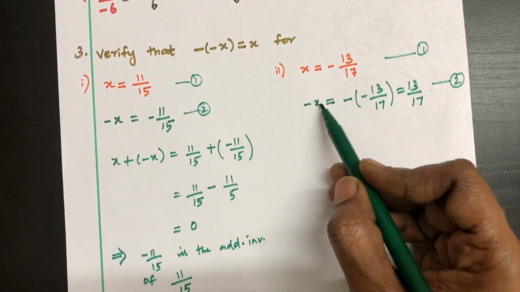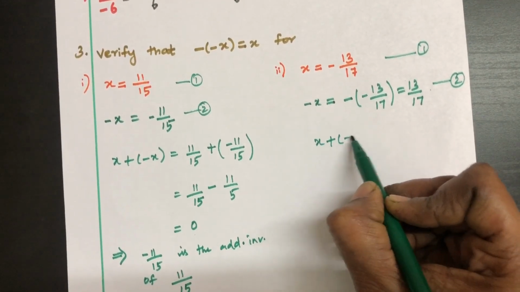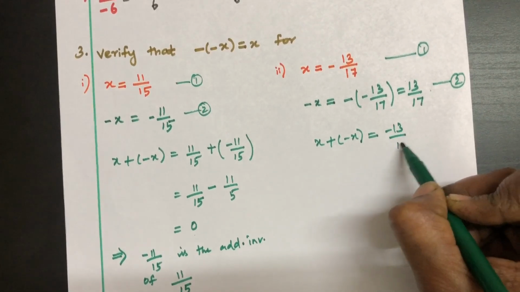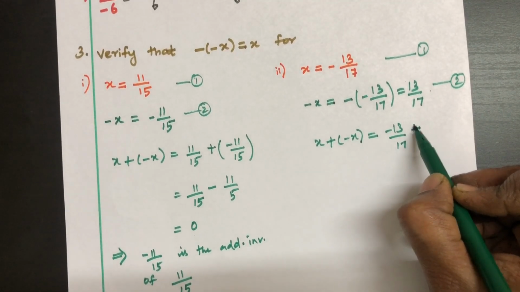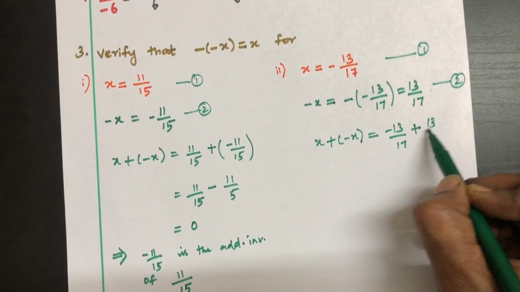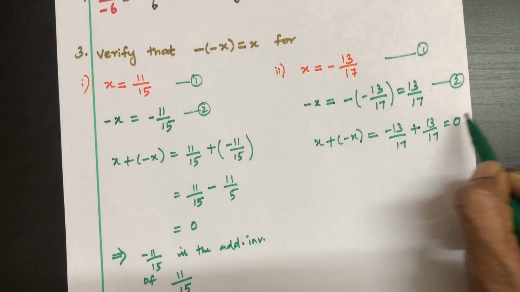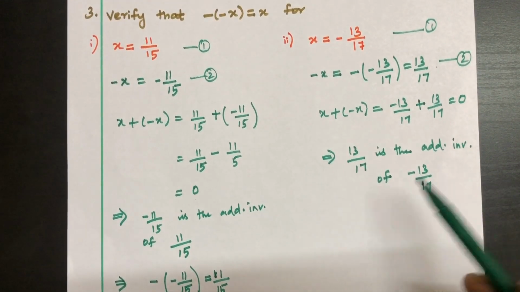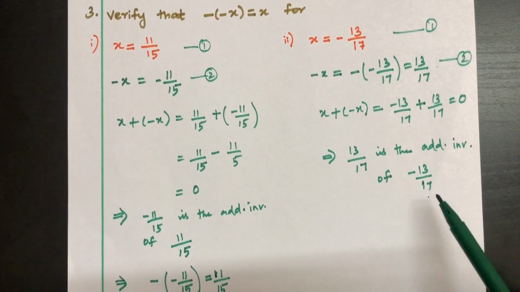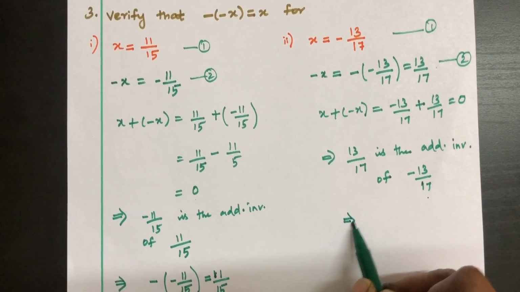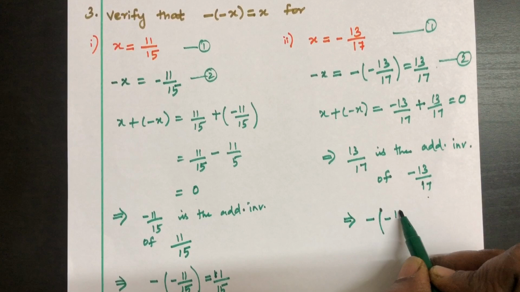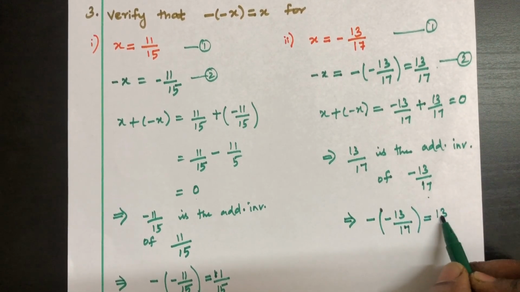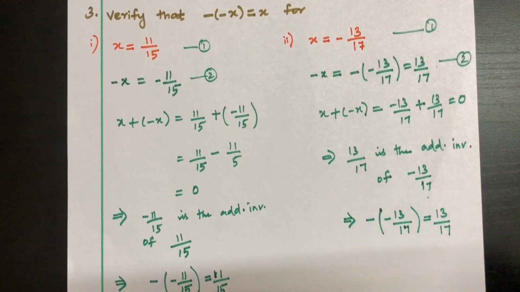That means left hand side, x plus minus x is equal to minus 13 by 17 plus 13 by 17. This is equal to 0. This gives us 13 by 17 is the additive inverse of negative 13 by 17. So this implies minus of minus 13 by 17 is equal to positive 13 by 17.